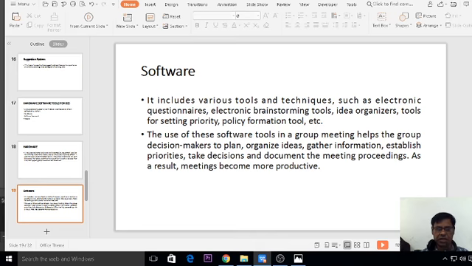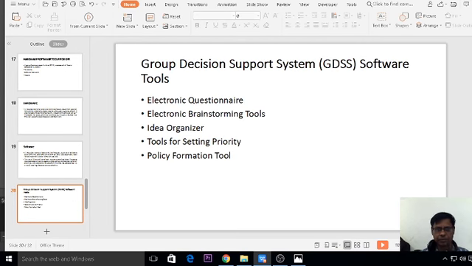As a result, meetings become more productive, effective and productive. So the group decision support system software tools are the electronic questionnaire, electronic brainstorming tools, idea organizer, tools for setting priority, and policy formation tool.